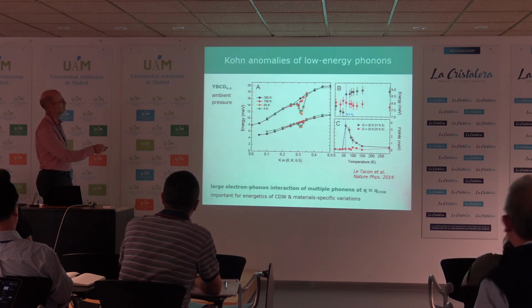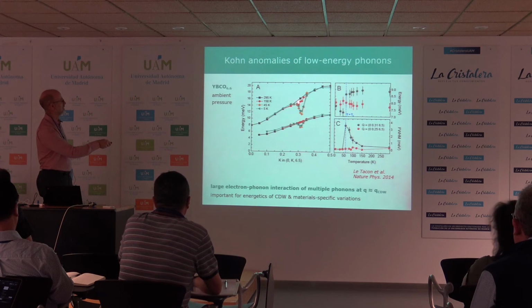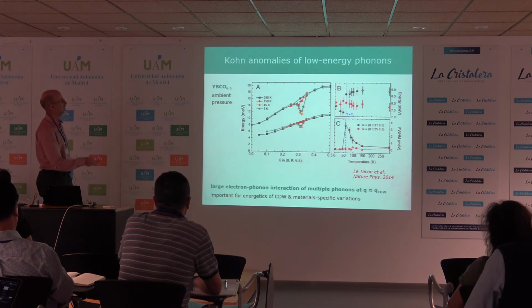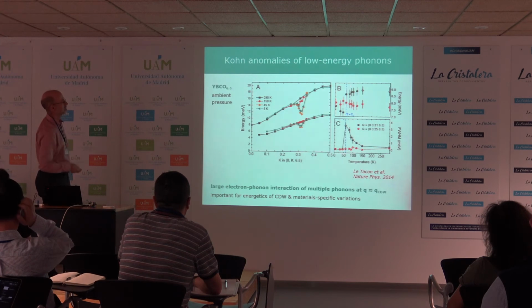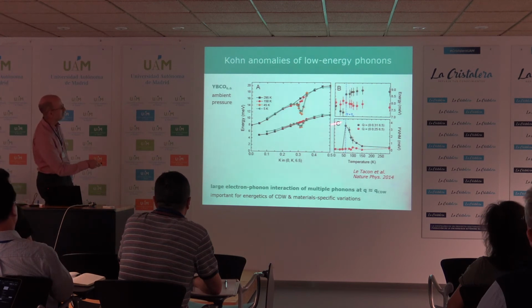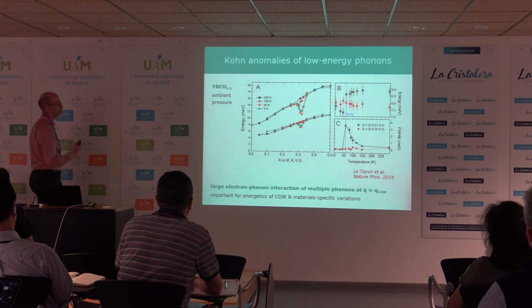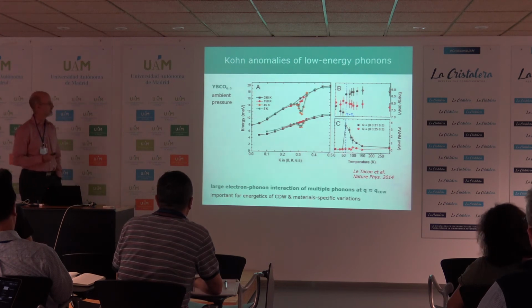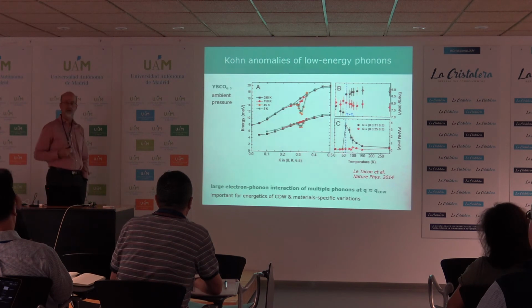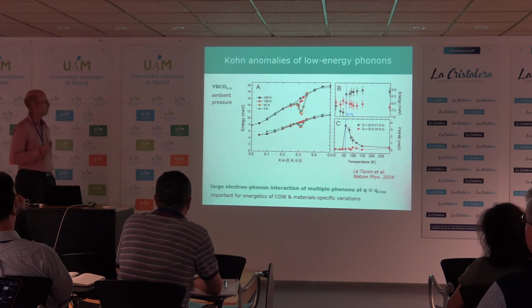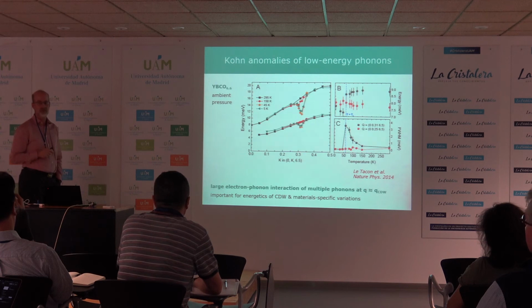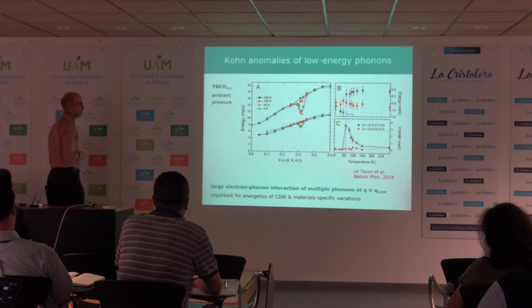If you look, for instance, at the energy of this mode here, it's 8 meV, and the line width is, let's see, 4 meV, right? So this phonon is really critically damped. So these are very large anomalies. So surely, when you're considering the energetics of the charge density wave, these have to be taken into account. So the electron-phonon interaction cannot be ignored.